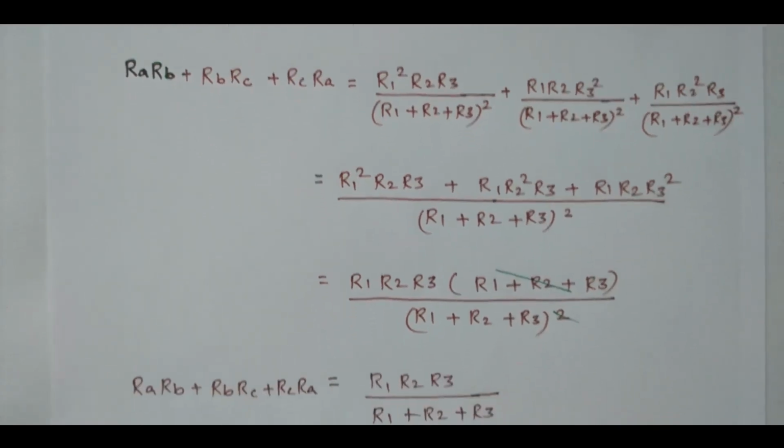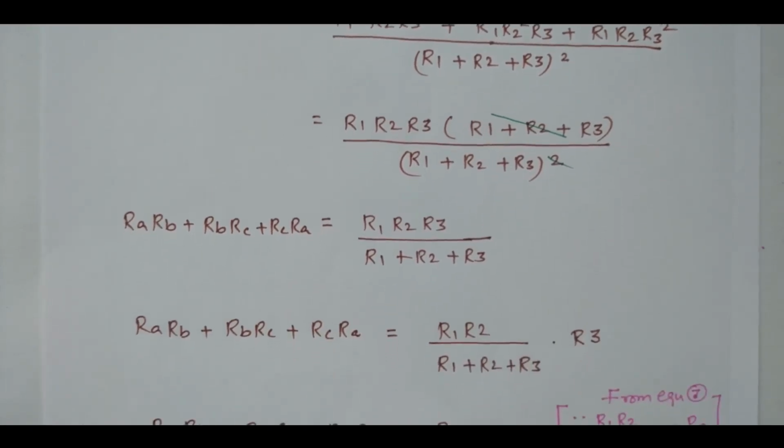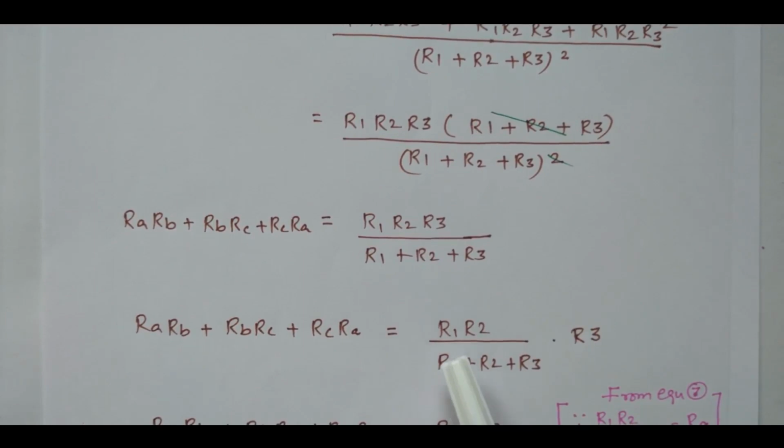So after that, what do we have? RA, RB plus RB, RC plus RC, RA equal to R1, R2, R3 divided by R1 plus R2 plus R3. After simplification, we got this value. Now we are going to rewrite this. How are we rewriting? R1, R2 divided by R1 plus R2 plus R3, and this R3 is written separately.